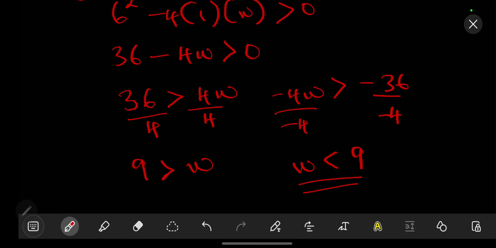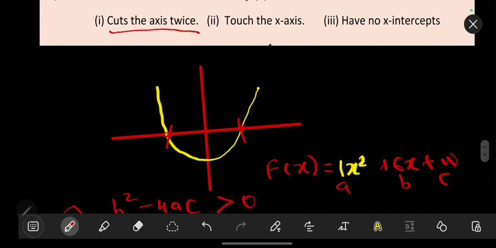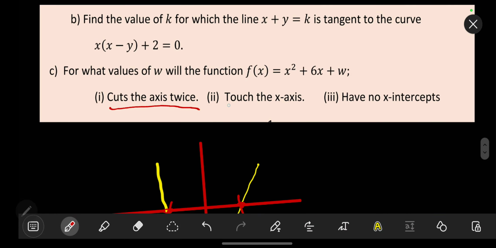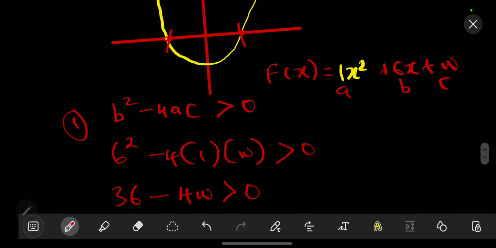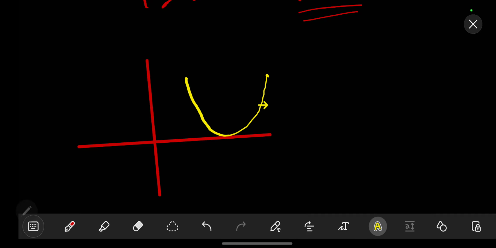So now the other part, it says that we are going to be looking at when the equation touches the x-axis. When we just say touches the x-axis, it means it does not cross the x-axis but touches. It's possible that your graph might be at this point, but the main thing is that it just touches the x-axis like that.